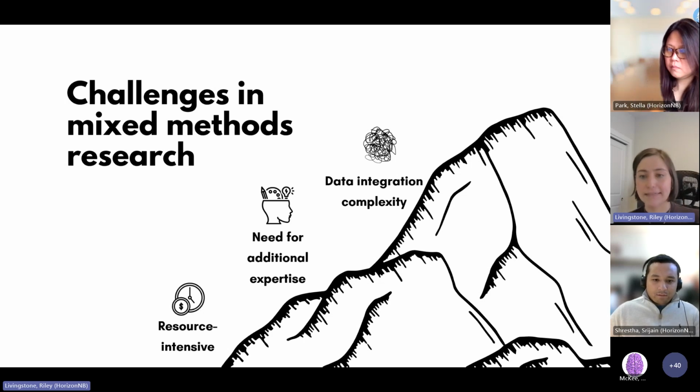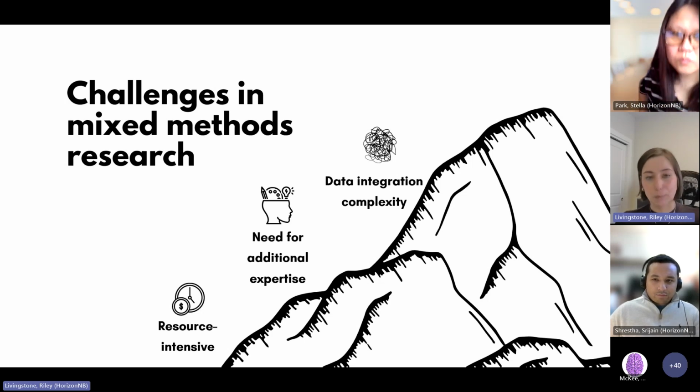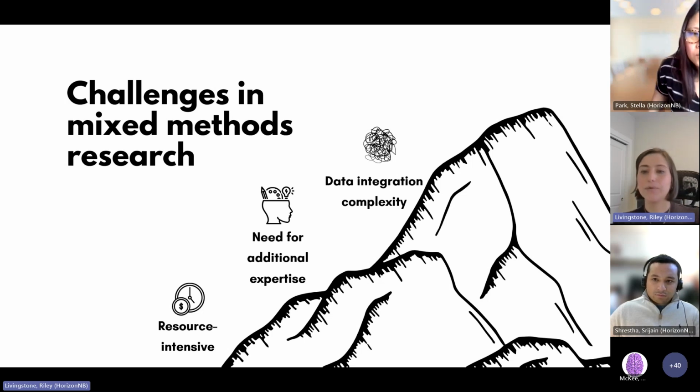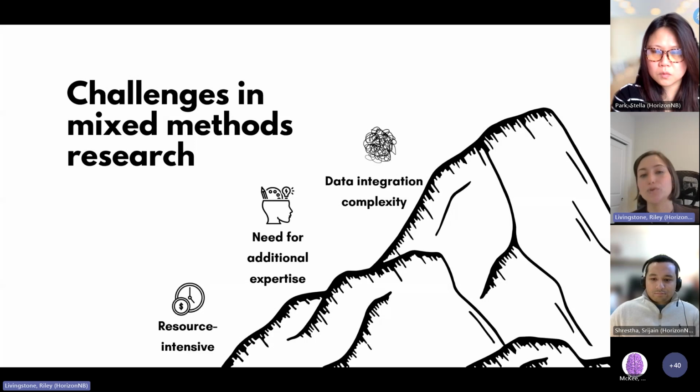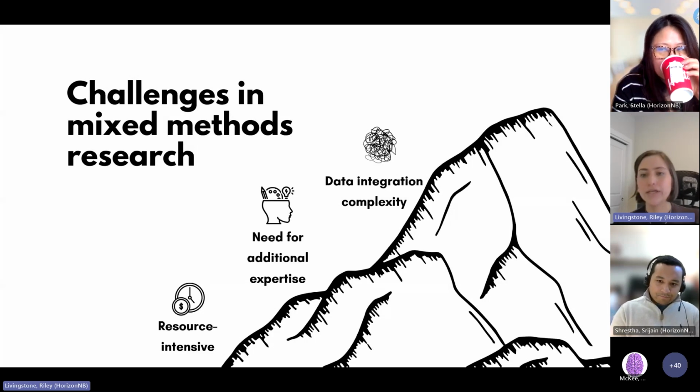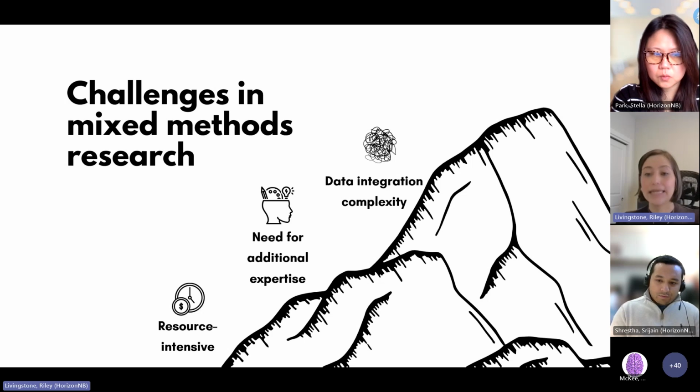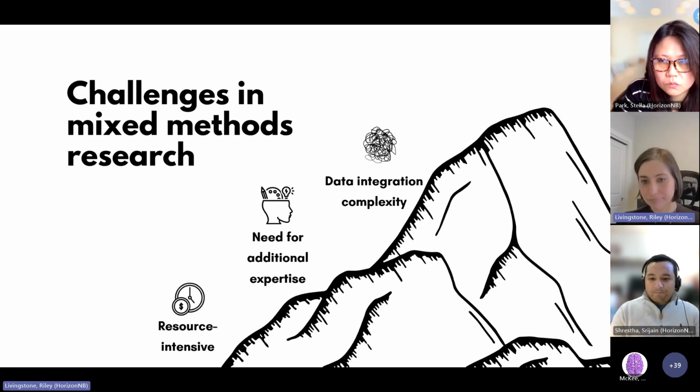Common approaches, though, at the interpretation and reporting level of mixed methods include integrating through narrative and integrating through joint displays, essentially showing quantitative data alongside qualitative data in a table to illustrate some area of convergence, divergence, or complementarity.